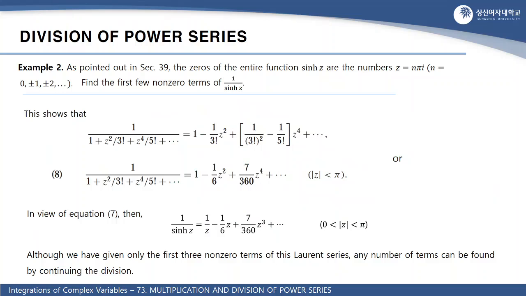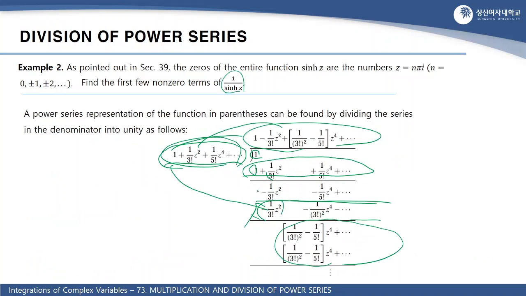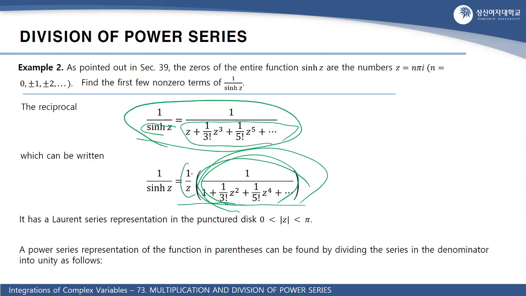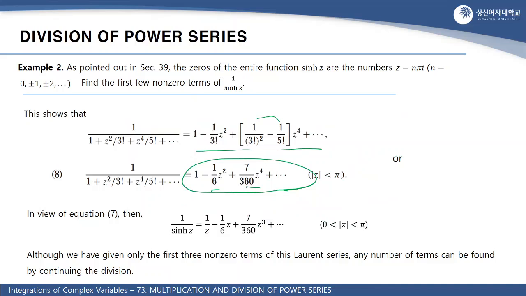Then we need to multiply by 1 over z. Then compute the coefficients, and you get this result. In the previous expression, we need to multiply 1 over z and this term, 1 minus 1 over 6 z squared plus 7 over 360 z to the 4.